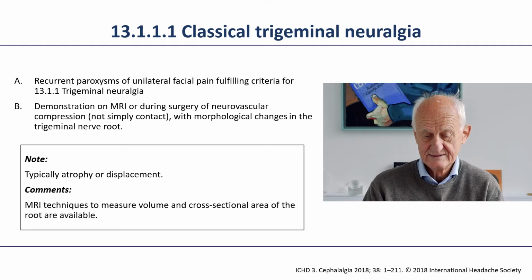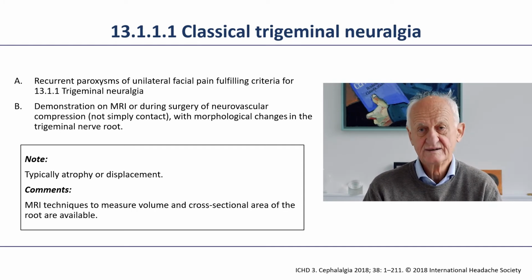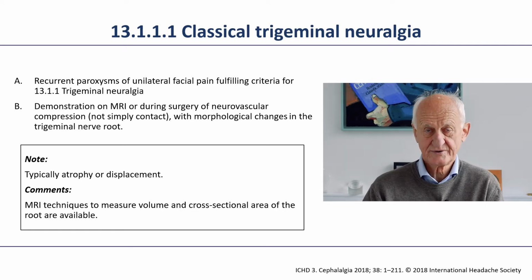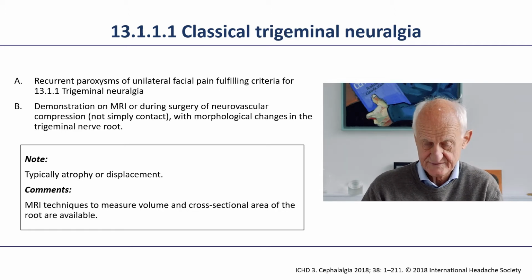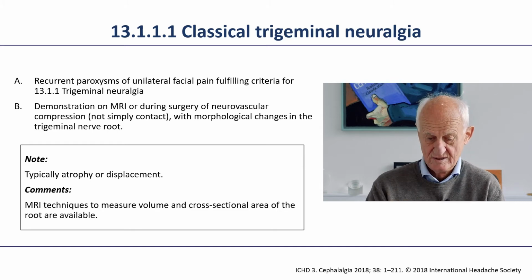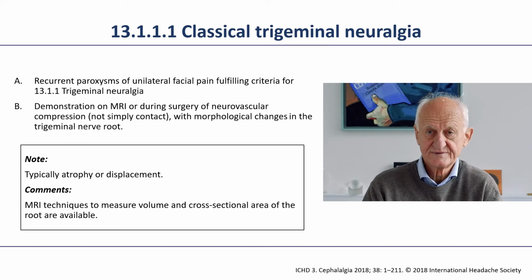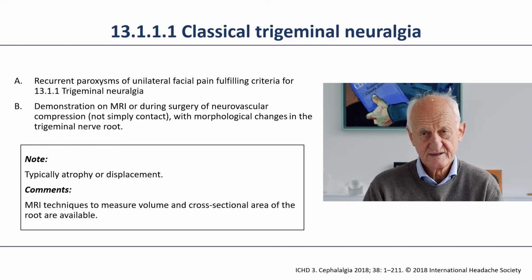And then there is MR verified contact between an artery and the trigeminal nerve, and there are morphological changes in the nerve in terms of displacement or atrophy. These findings are only present in about half of all patients with trigeminal neuralgia.